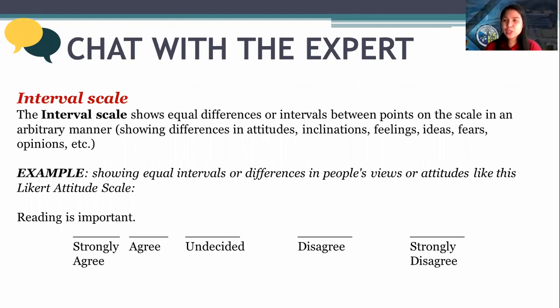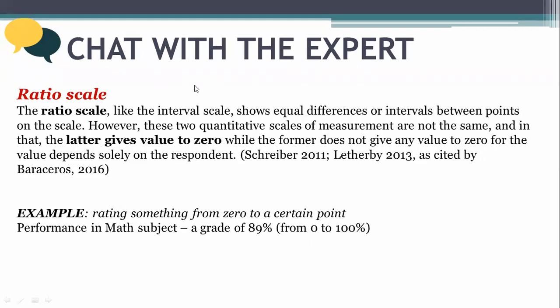Or what is your reading comprehension level? If you say zero, it does not mean that he has no reading comprehension. It's possible that he did not know any of the answers to that set of questions. But if you give another set of questions, it's possible that a student can answer them. So that's the difference between the two, interval and ratio.